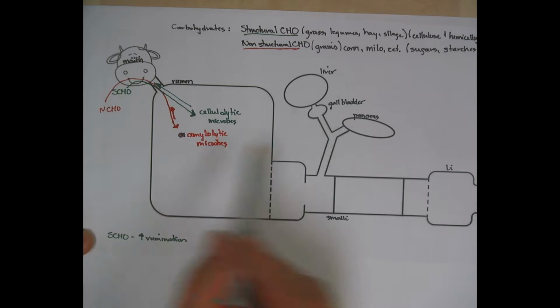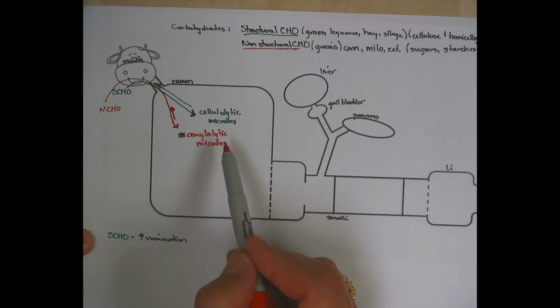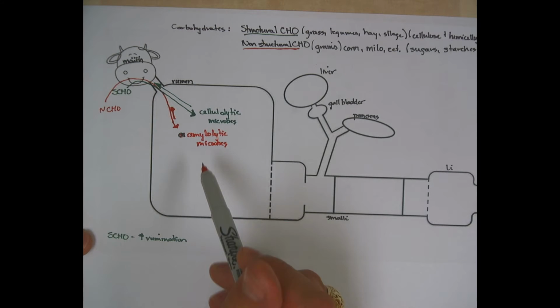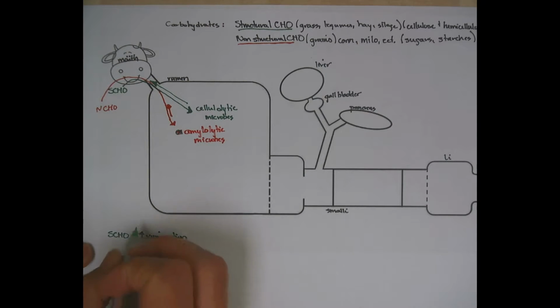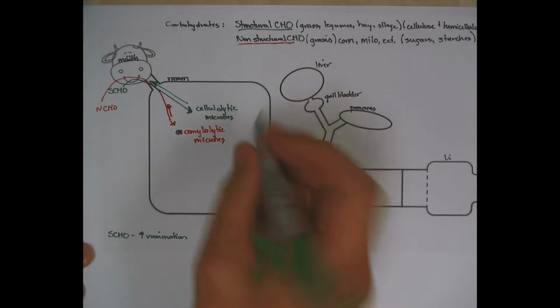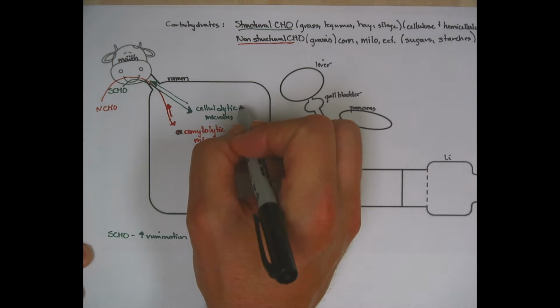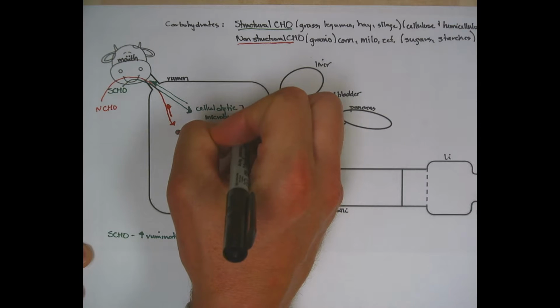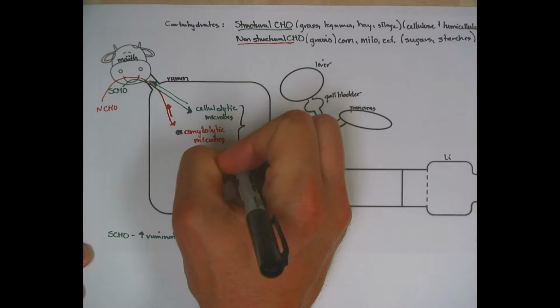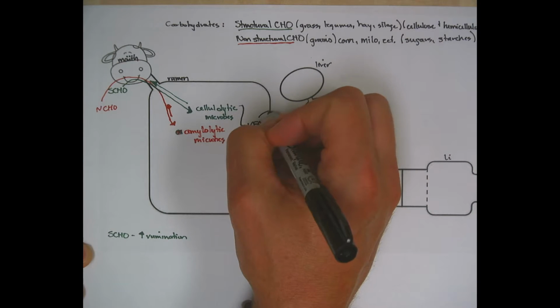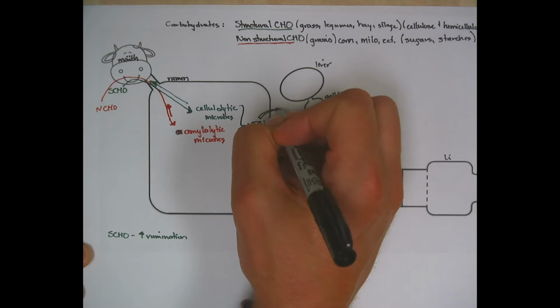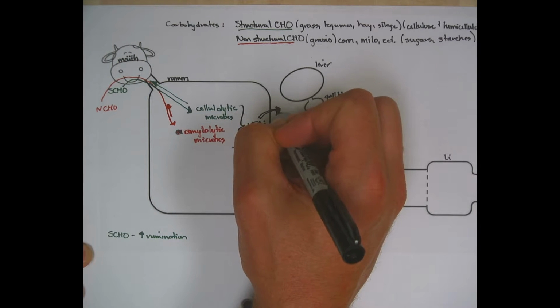Amylose is another name for starch, so they work primarily on starch. So what we end up with is we have fermentation occur for both of them. And that produces VFAs, and those VFAs are absorbed out of the rumen.